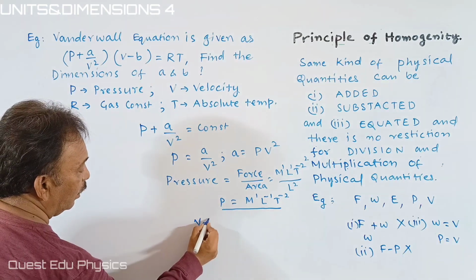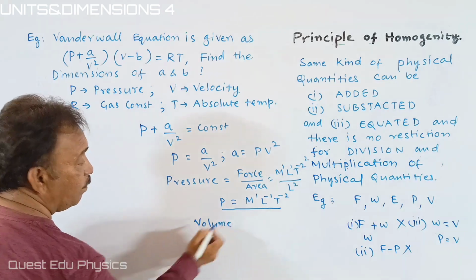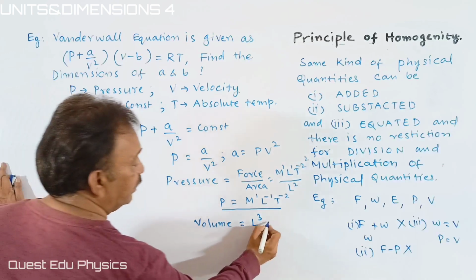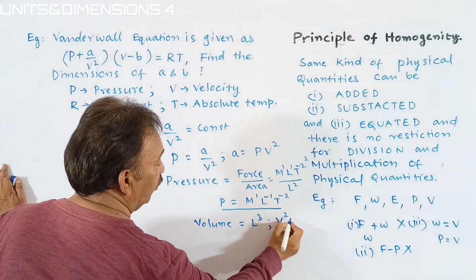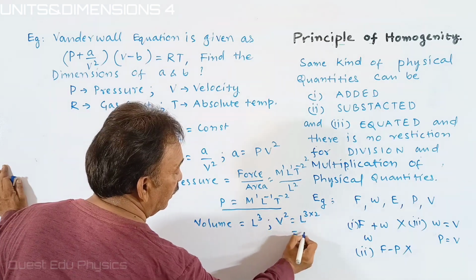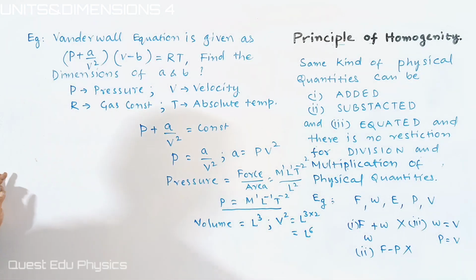Volume is L³. Here it is the square of volume, which means L to the power of 6, students.